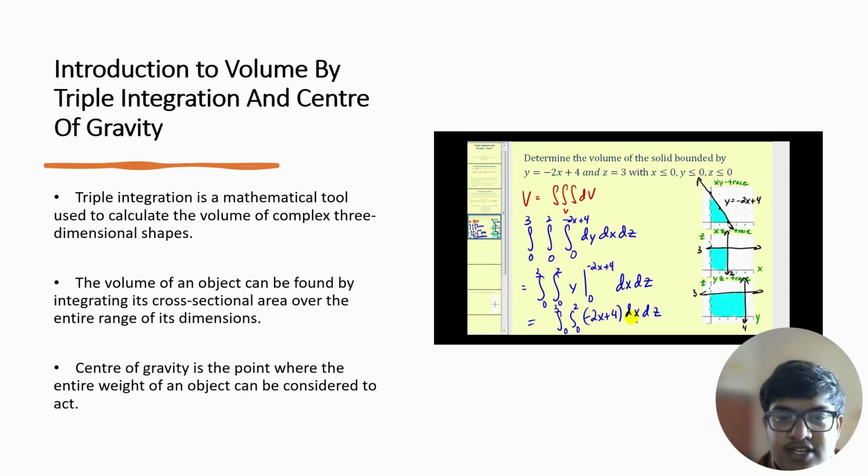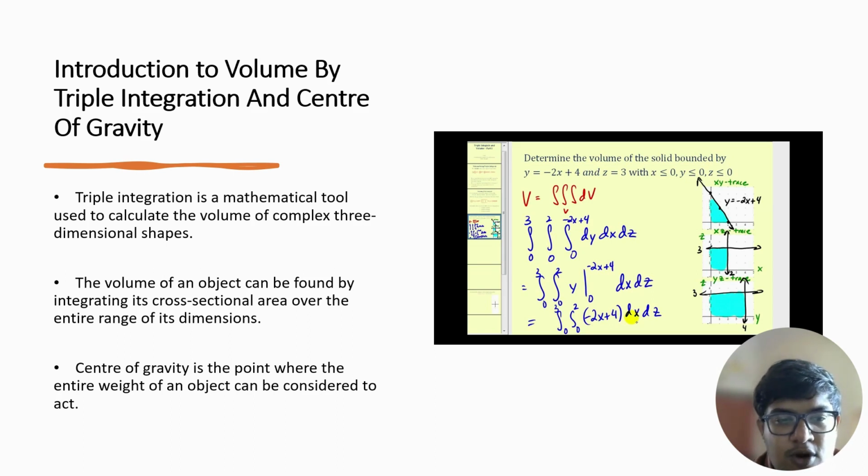But when it comes to different figures with variable shapes and variable lengths, very small or very high, it will be very hard to calculate with the help of normal math. So at that time we use tools such as triple integration, which makes calculations very easy.